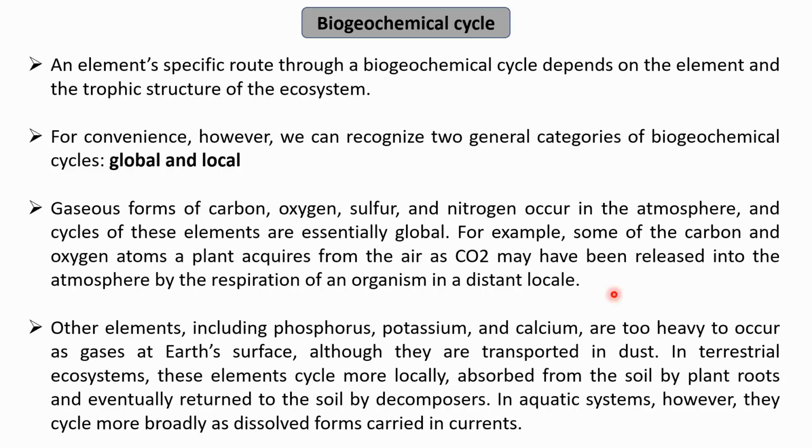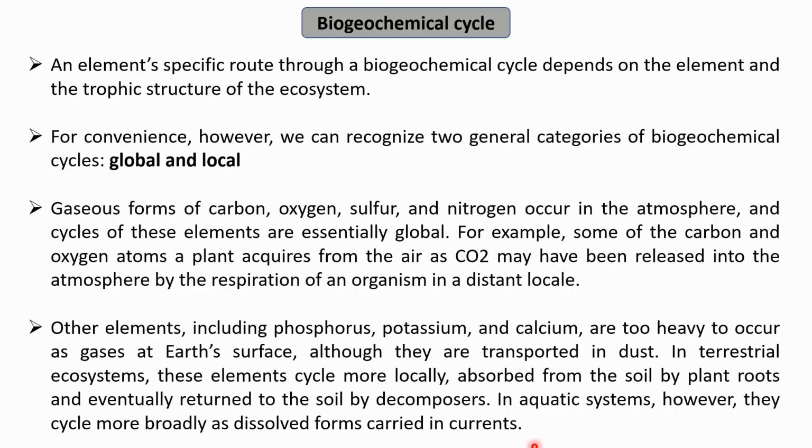These elements therefore cycle more locally, absorbed from the soil by plant roots, and eventually return to the soil in the same local environment by the decomposers. In aquatic ecosystems, however, these cycle more broadly as dissolved forms carried in currents. So in terrestrial ecosystems, they usually get returned to the soil by the decomposers.